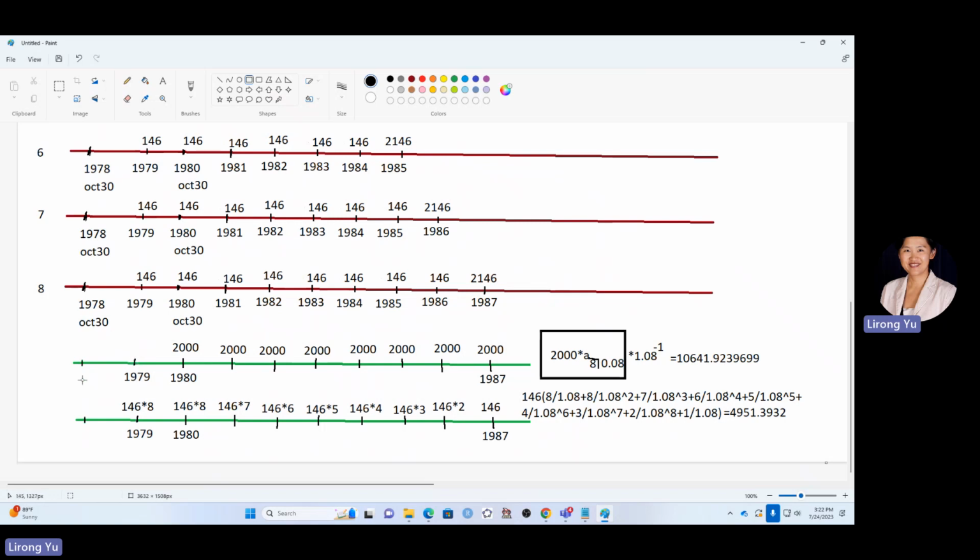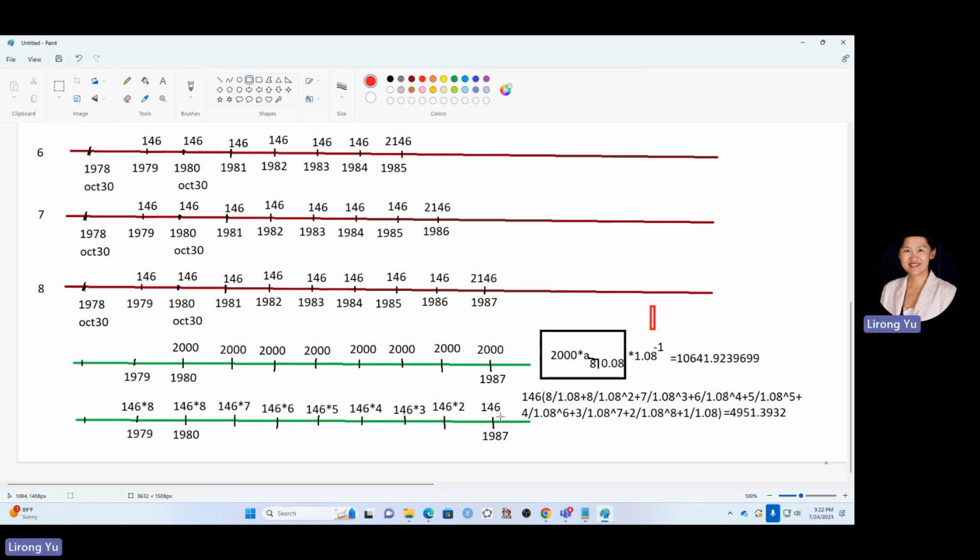We have to discount that to get to 1978. That's why there's this extra discounting factor: we multiply by 1.08 to the -1 power to discount it to the correct time point. So that is the value of the 2000 cash flow at 1978.